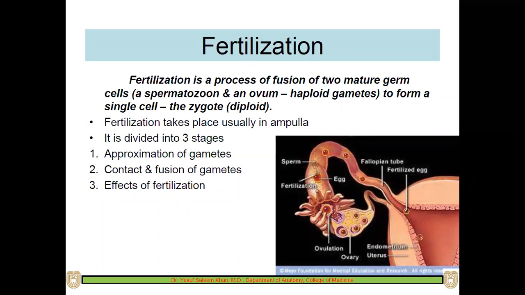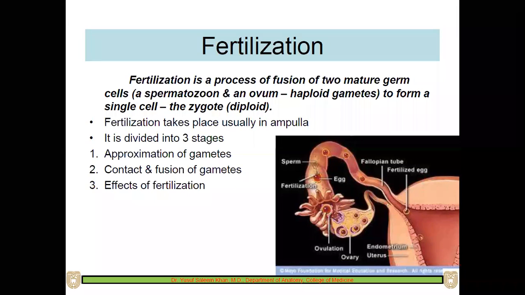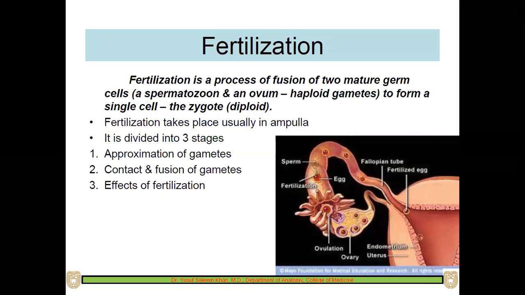Okay, so fertilization, as you know, is a process of fusion of two mature gametes, that is the germ cells. In case of male, these are called the spermatozoon or sperm, and in case of female, it is called an ovum. So when the sperm and the ovum come and fuse together, it is called fertilization.